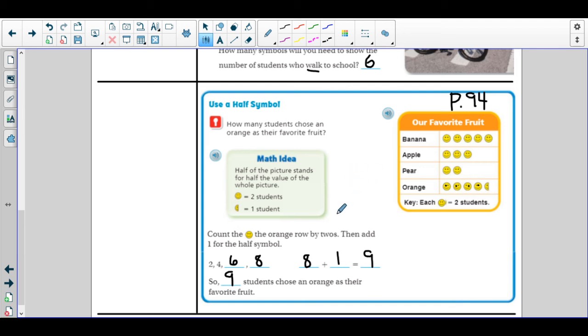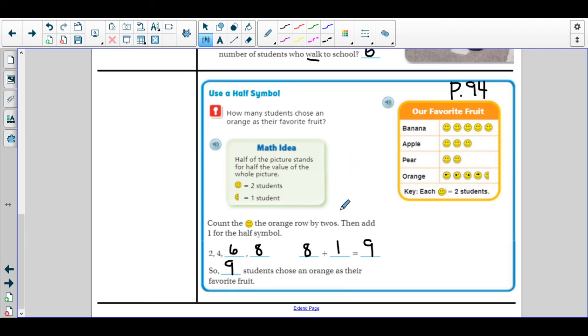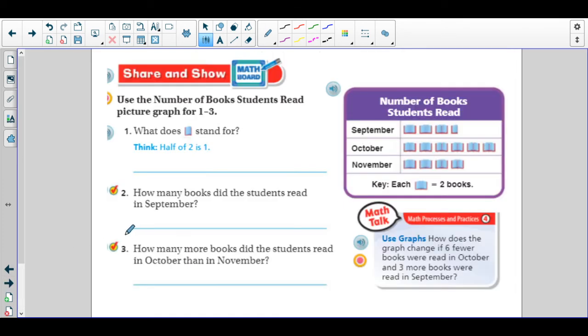So that is how a half symbol works. What I'd like for you to do, please, is on page 94 at the bottom is the Show and Share section, and I want you to go ahead and work those. Pause the video. Unpause it when you're done, and we'll see how you did.